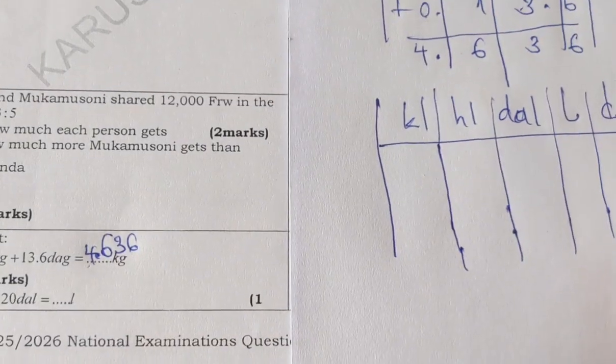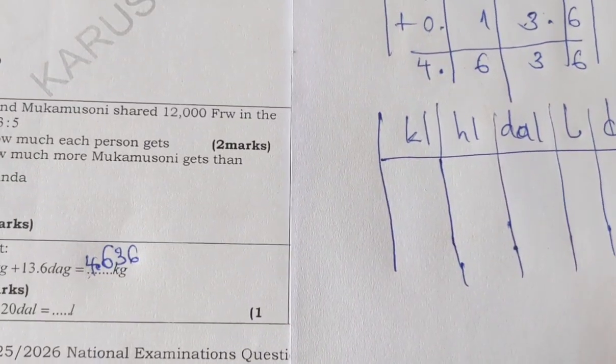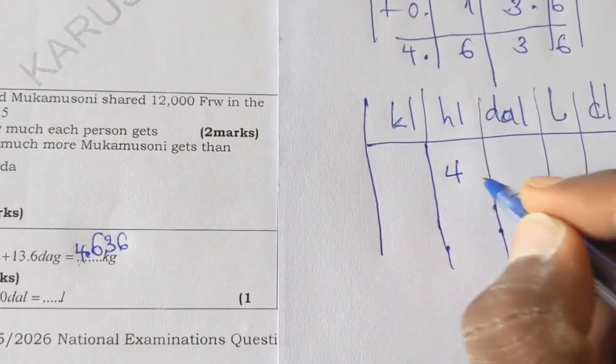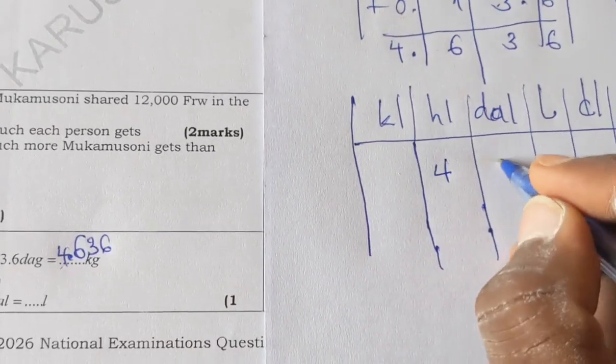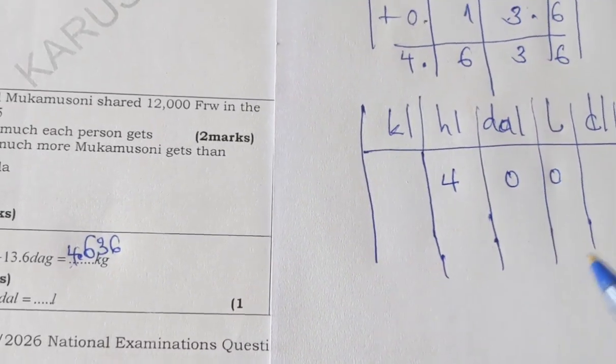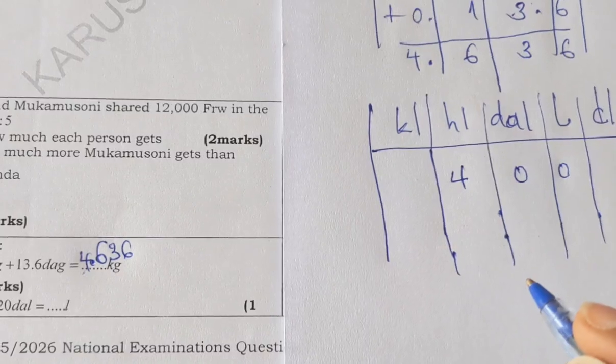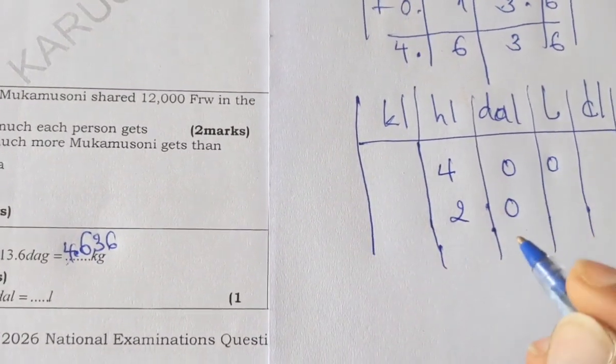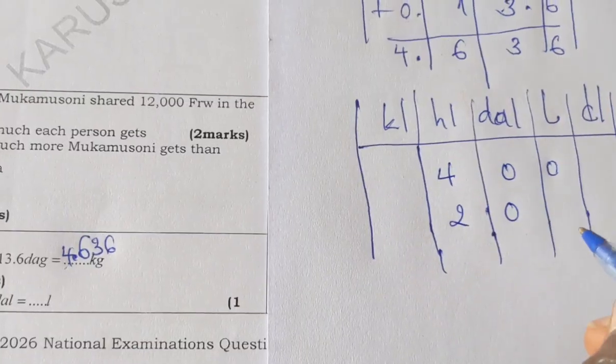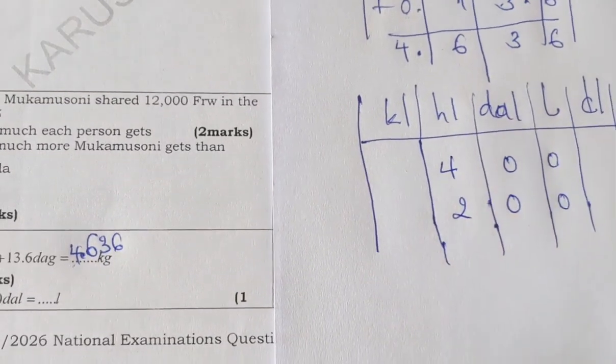And then I'm going to put here 4 hectoliters. 4 hectoliter is here. And then I'm going to convert them into liter. I add the zeros. And then negative 20 decaliter. I write here 20 decaliter, and then I convert them into liters. Then here you add another 0.